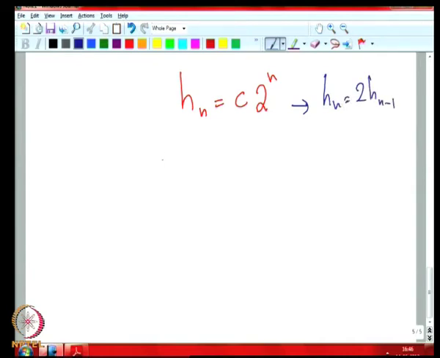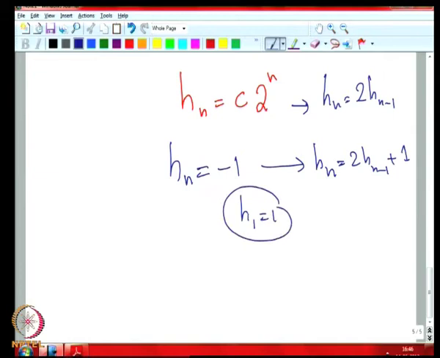Now, Hn equal to minus 1 will satisfy this entire relation Hn equal to 2 into Hn minus 1 plus 1. So, what is not satisfied is the initial condition, that means H1 equal to 1. This is what is not satisfied.